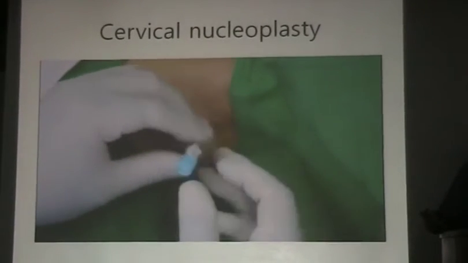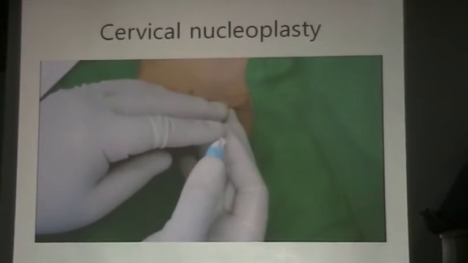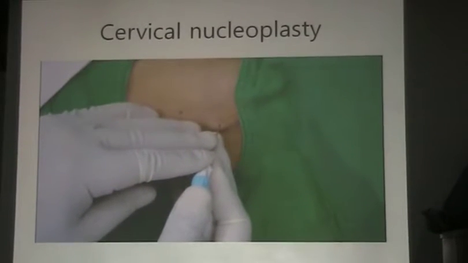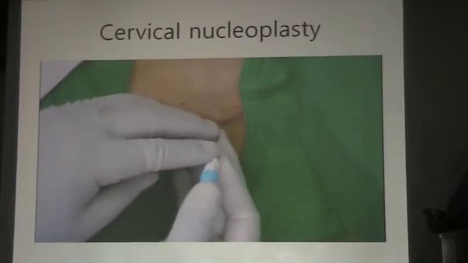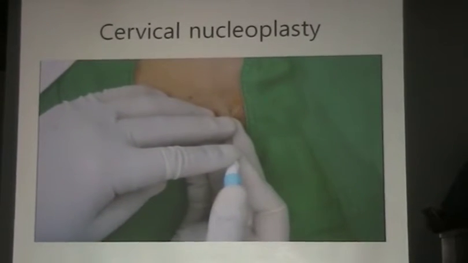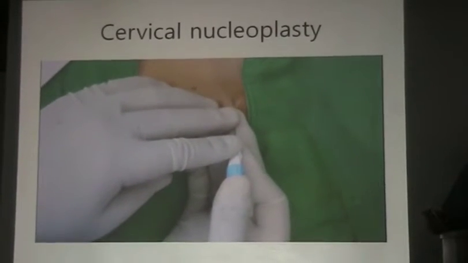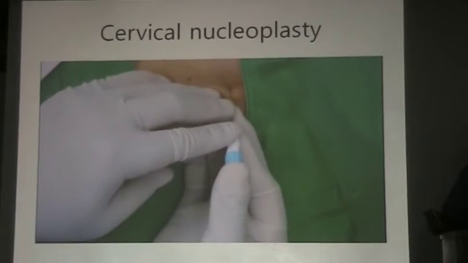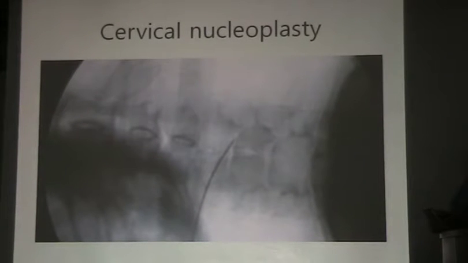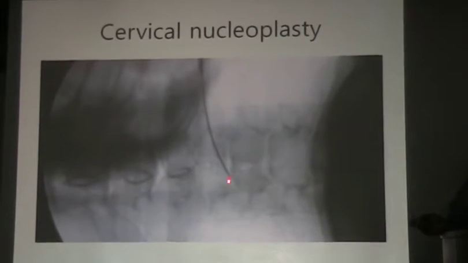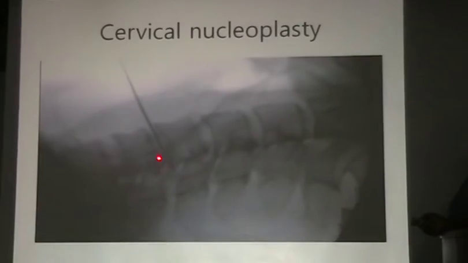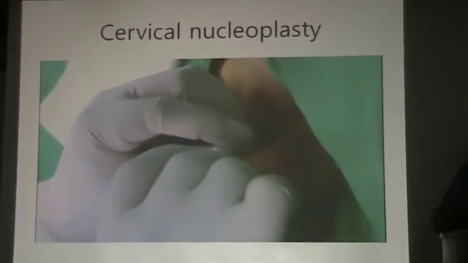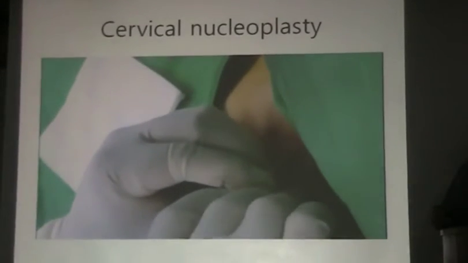Yes. Make lesions, change the direction of the needle to the foramen. Slide, withdraw the needle with CM guidance and insert the needle into the cervical foramen like this. You can see the tip of the needle at the posterior vertebral line.